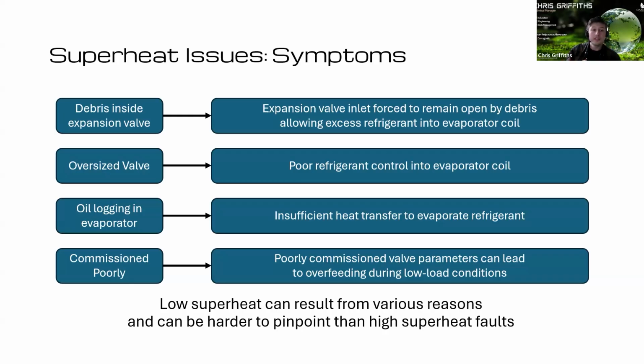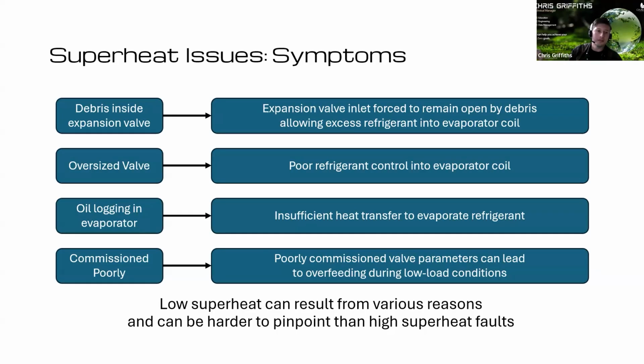Slightly along the same lines, an oversized valve, where you've got very little control at low load conditions, the tiniest bit which will open will allow a lot more refrigerant through than it needs to. Again, not enough load to boil it off, liquid's going to reach back to our compressors. What I find as well is if there's oil logged in the evaporator, there's a lot less heat transfer.